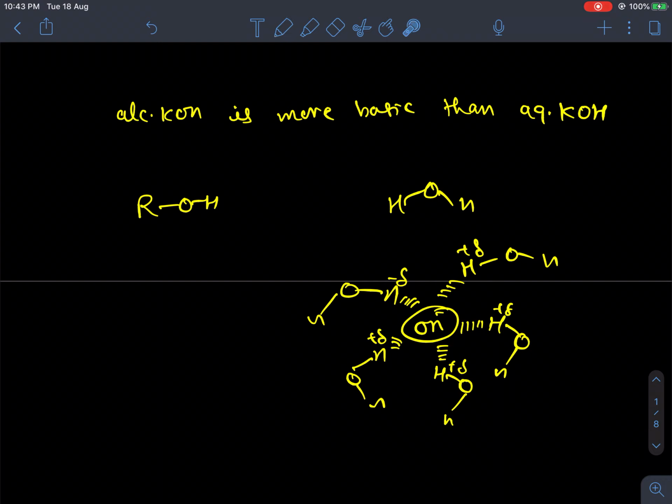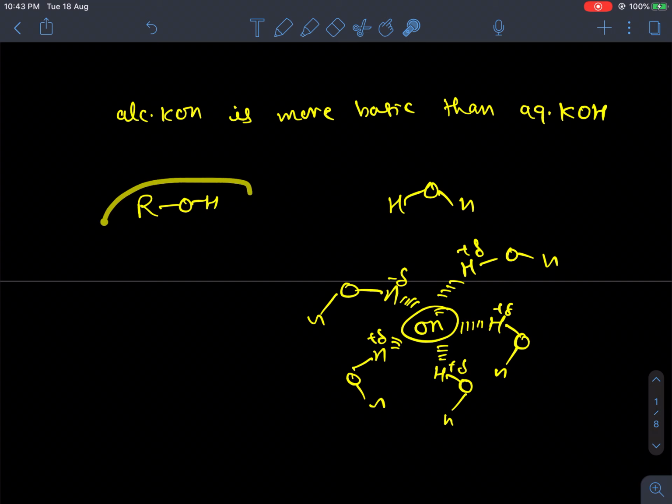Whereas in case of ROH, because of the bulkier R group, where one hydrogen is replaced by the R group, the solvation is not very good. If it is not solvated nicely, its negative ion is not very much compensated, not neutralized by so many protons over here.